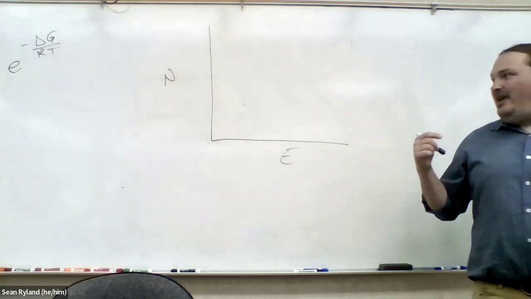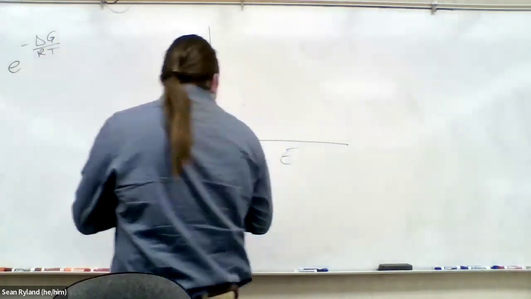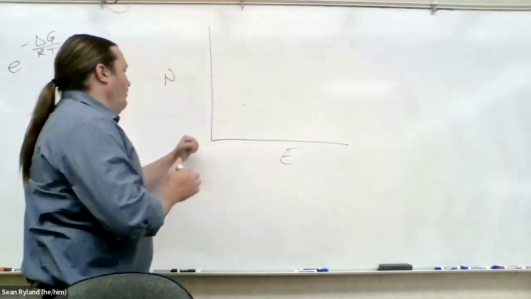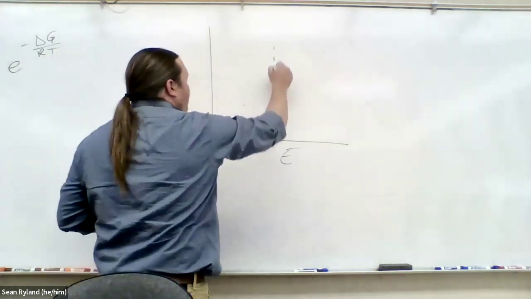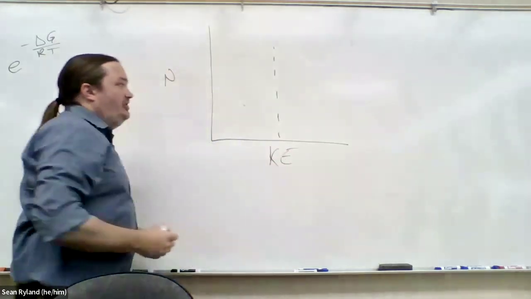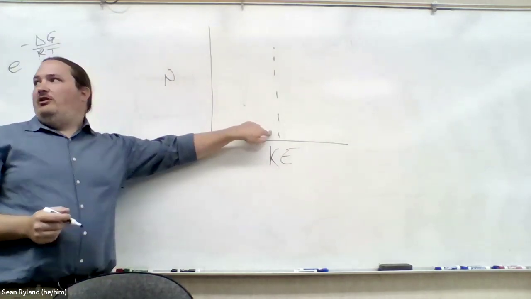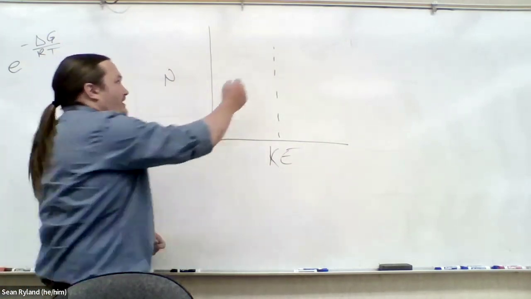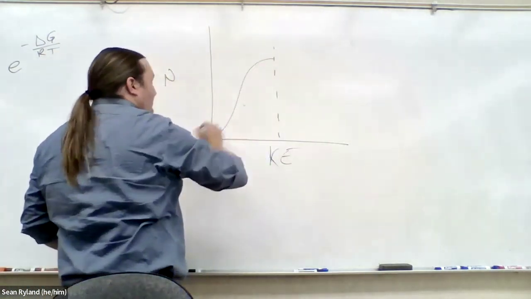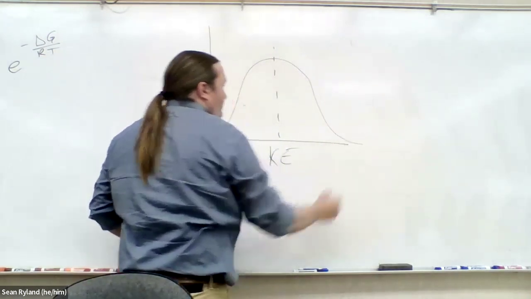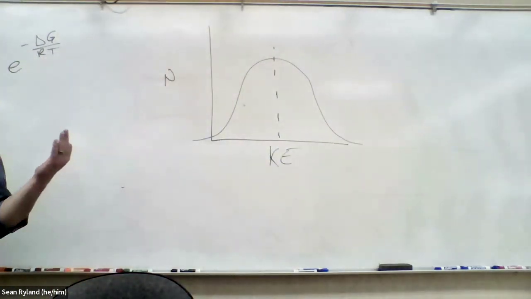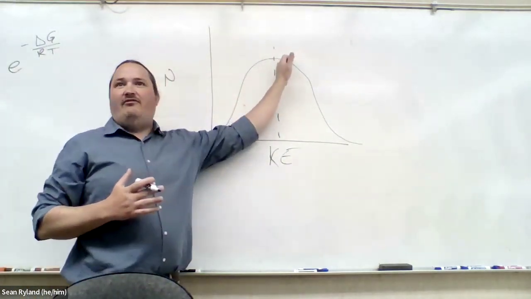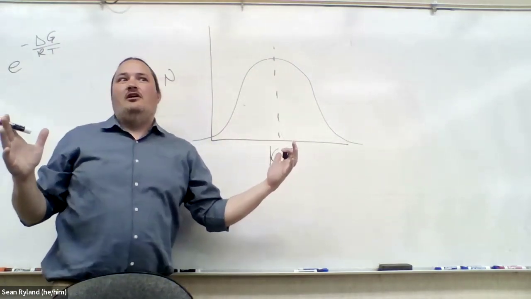Thing is, you can't really have a bell curve, because if we said our average kinetic energy of our molecules is some number, well, if it was a bell curve, it would be equally distributed both directions, right? We'd have something that looked like this. Seems like that would make sense, that most of our molecules would be centered right around the average, but then it'd fall off like a bell curve.